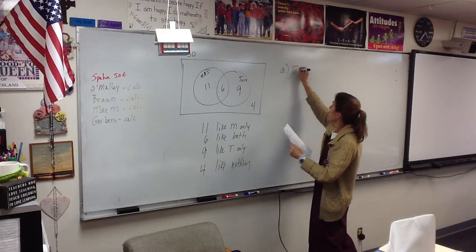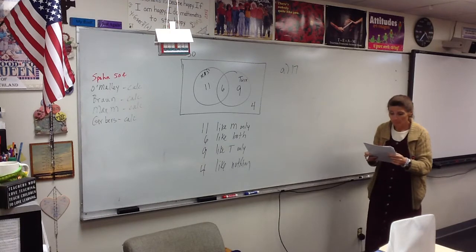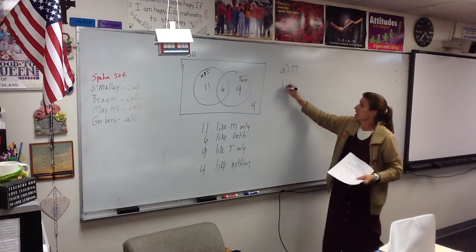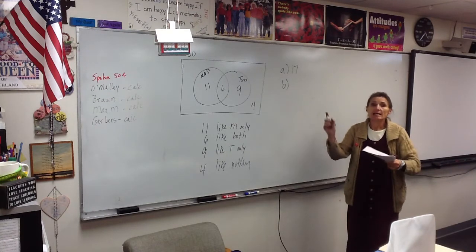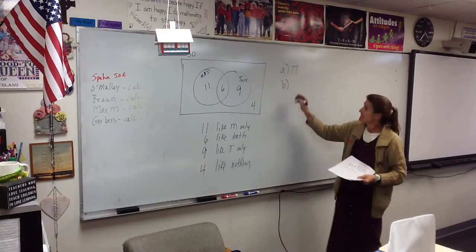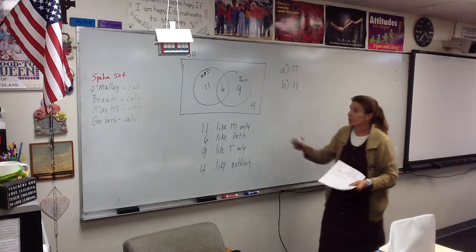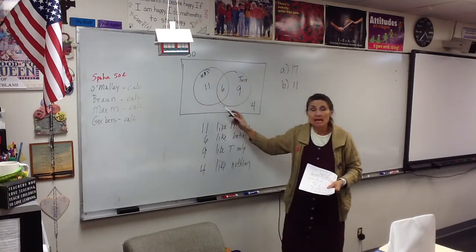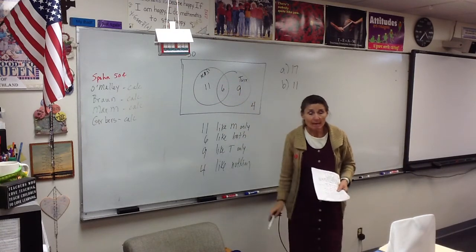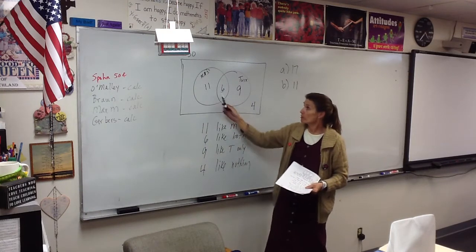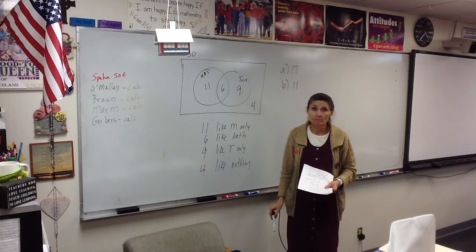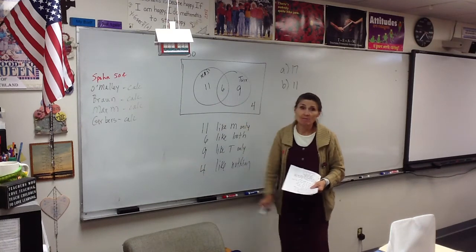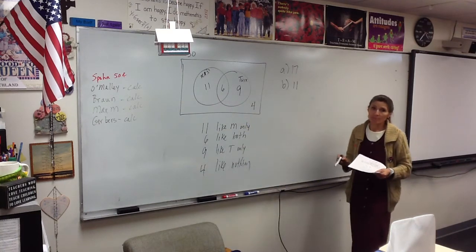So the answer to A is 17. B says only M&Ms. How many like only M&Ms? That's the 11. Remember, if you are in the M&M circle, you like M&Ms. So there are a total of 17 kids inside the M&M circle. But only 11 of them like only M&Ms.